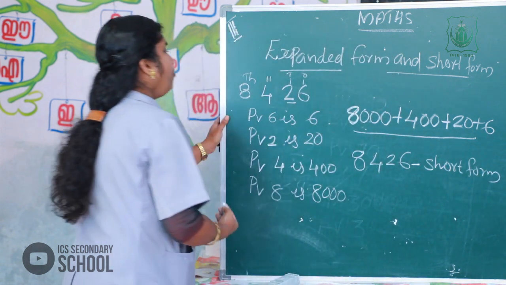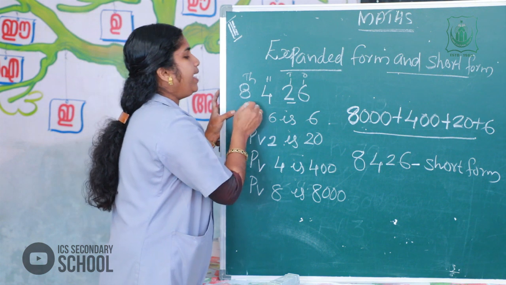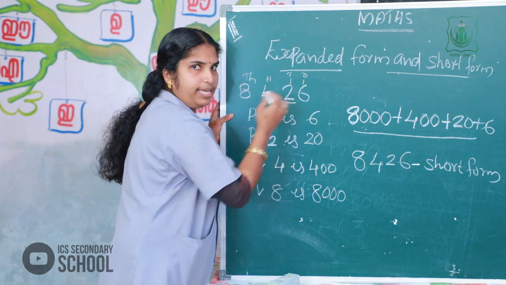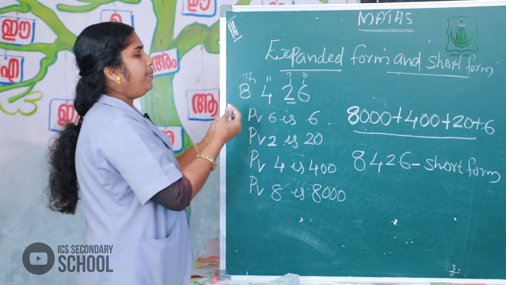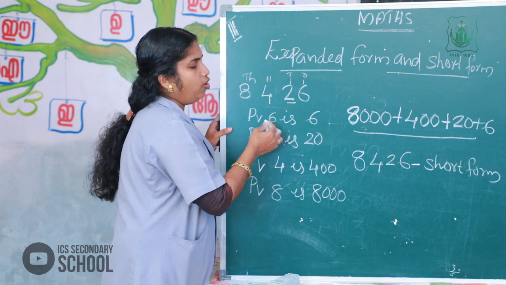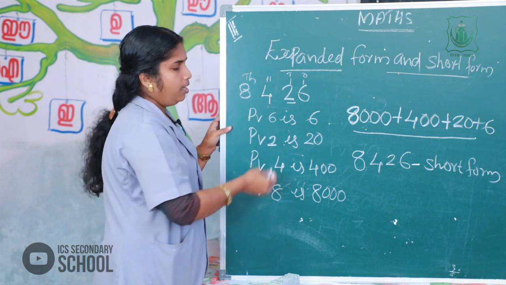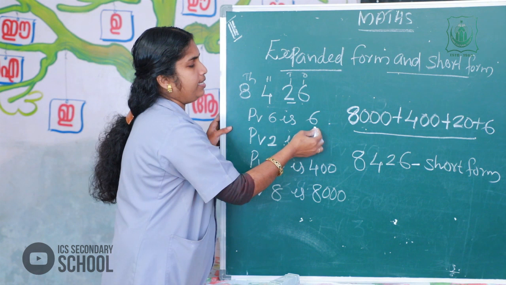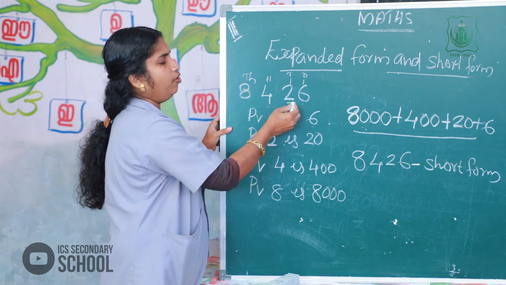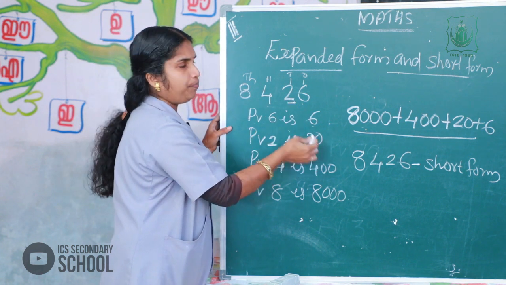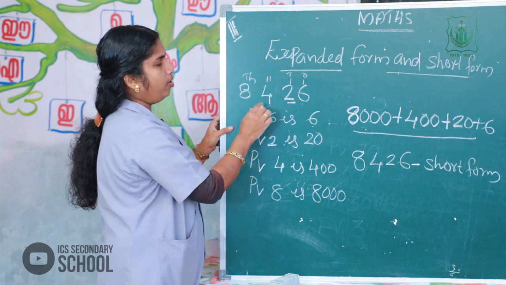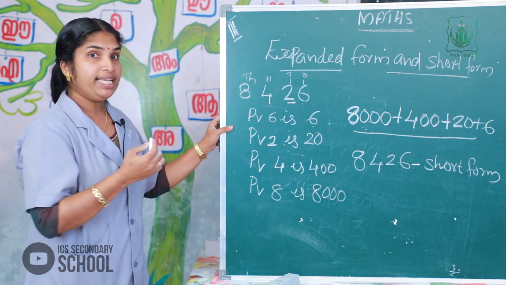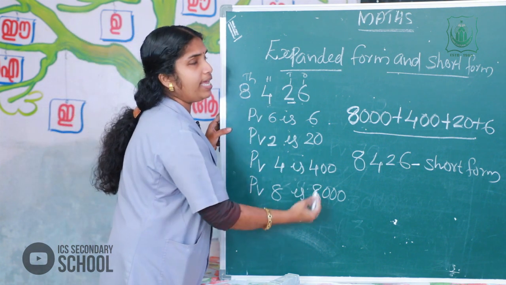Now consider the number 8426 again. First we write the place value of each digit. Place value of 6 is 6, of 2 is 20, of 4 is 400, of 8 is 8000.